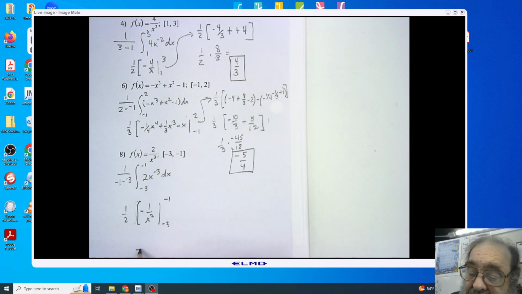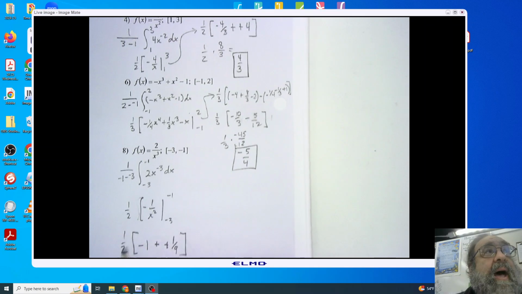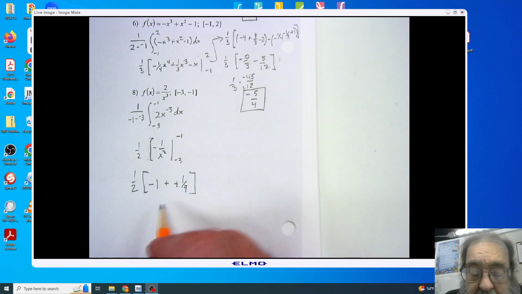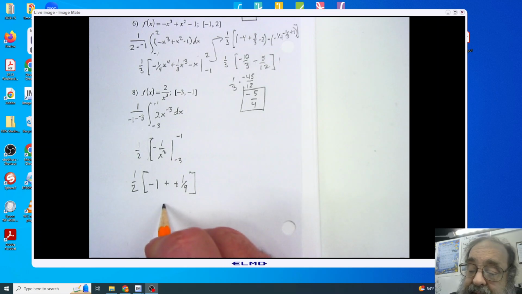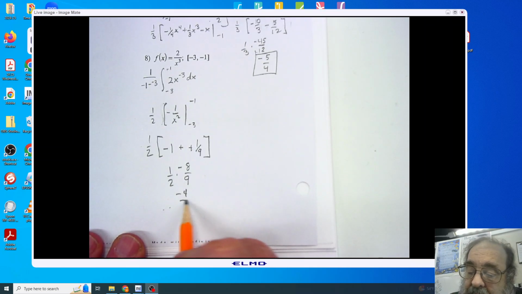This is going to give me negative 1. We then have minus negative 1/9. Double negative applies. We have our 1/2 out in front. We're now going to simplify. This is negative 8/9 multiplied by 1/2, and my answer is negative 4/9.